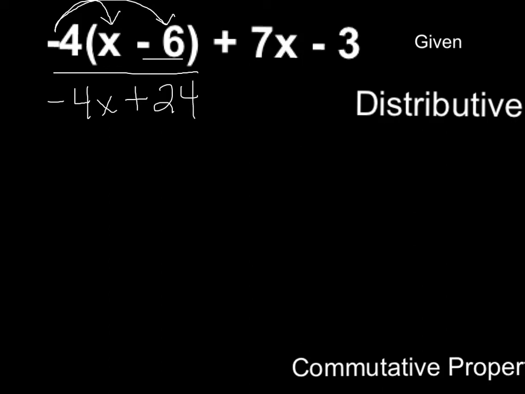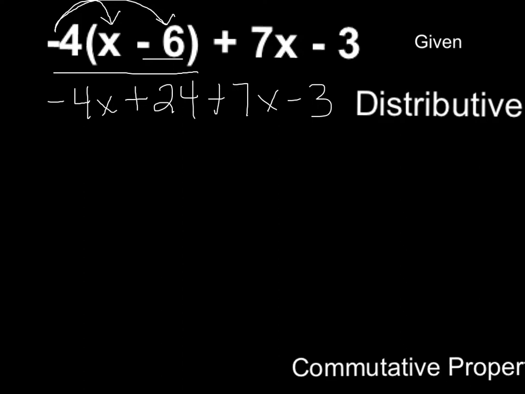For these problems, whichever integers you're multiplying, you're going to write that symbol. So since -4 times -6 is positive 24, my expression is going to say plus 24. Then, of course, I still have plus 7x minus 3.